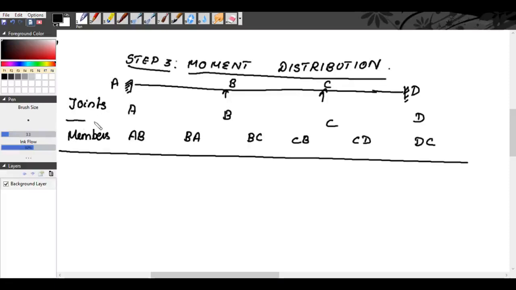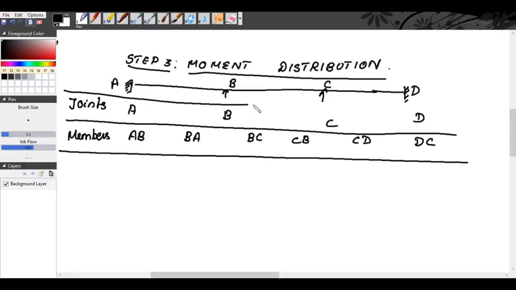So our joints are A, B, C, D. Our members are AB, BA. See, AB and BA form one span, AB.